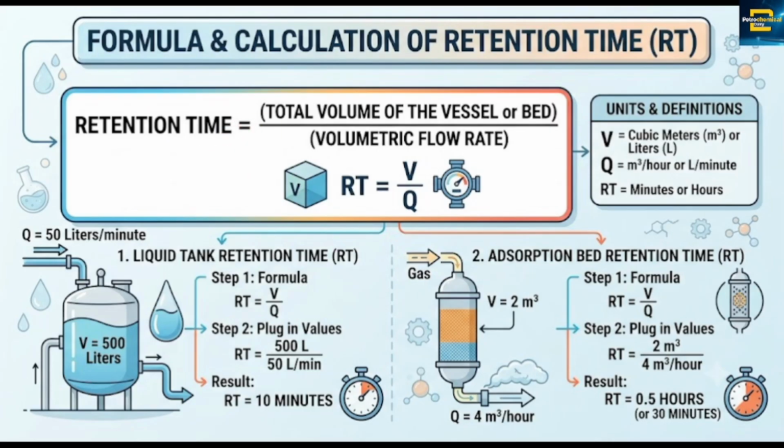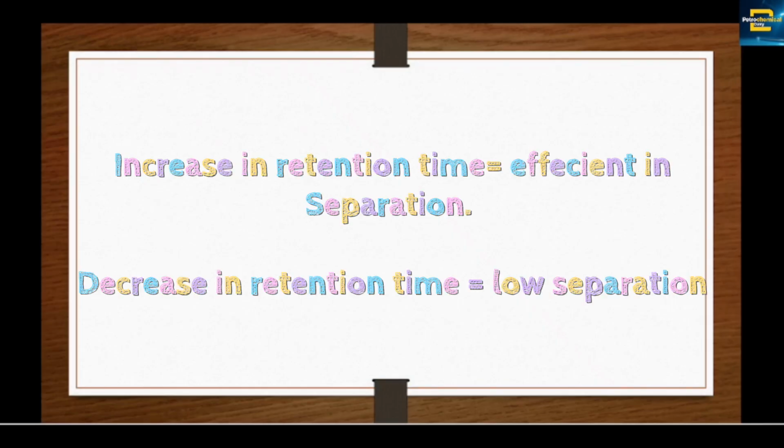So let me explain it here. Like I said, the retention time is how long liquid stays inside a separator. For example, if we are cooking, we take a longer period to cook our soup than if we want to cook our indomie.